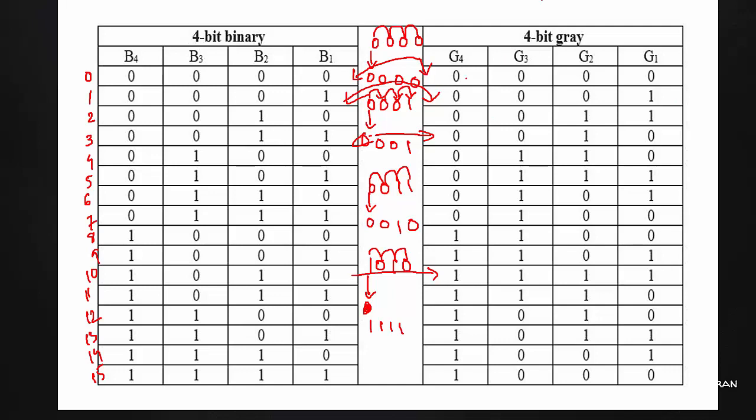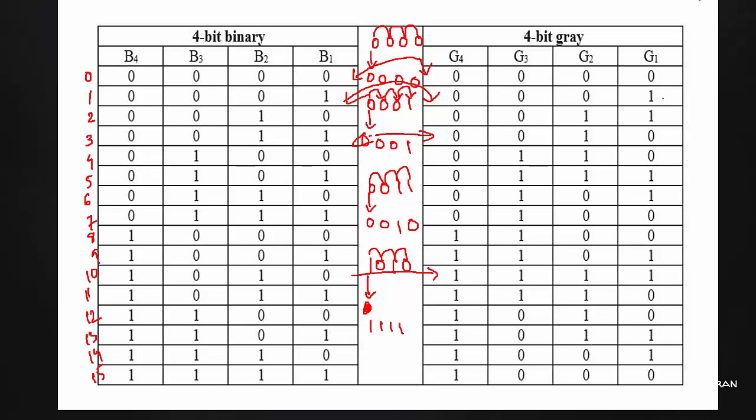For G4, the minterms with value 1 are 8, 9, 10, 11, 12, 13, 14 and 15. For G3, the ones come at 4, 5, 6, 7, 8, 9, 10 and 11. For G2, they come at 2, 3, 4 and 5, then 10, 11, 12 and 13.